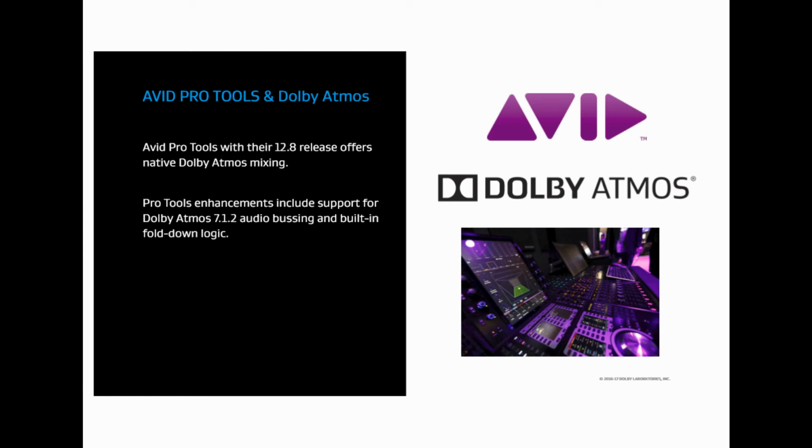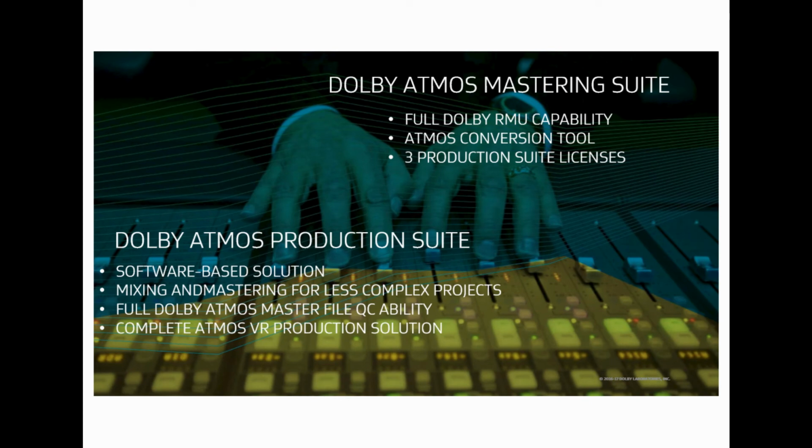But then you have to add a plugin to it. There are 2 kinds of plugins, two approaches. The Dolby Atmos Mastering Suite is what you use for cinema mixes and full home cinema mixes. It requires a hardware box that takes MADI audio out of the Pro Tools session and renders it inside that box, so that's what you would probably put in if you were kitting out a pretty good room.